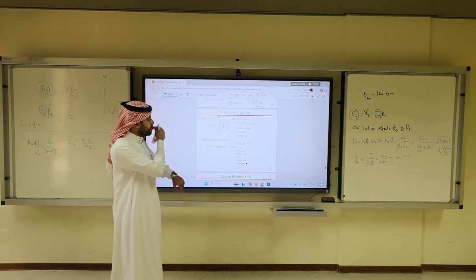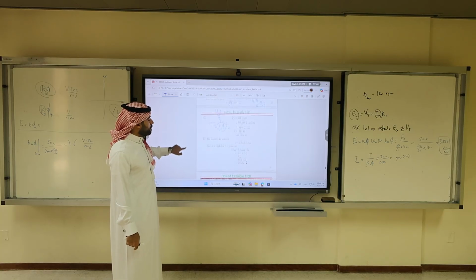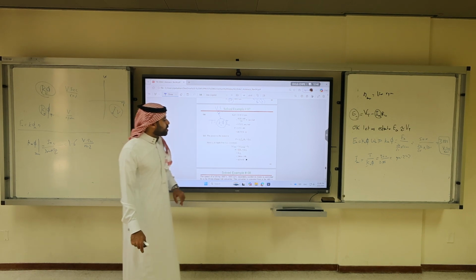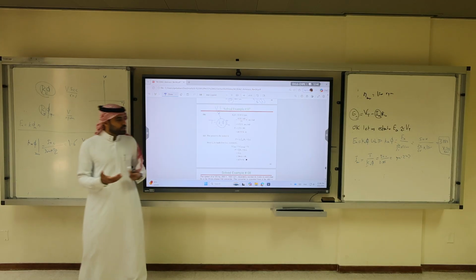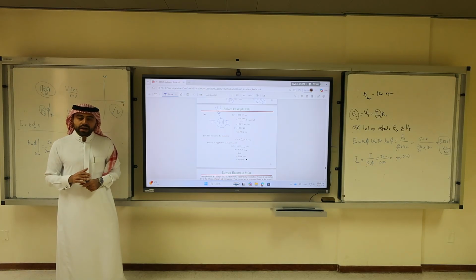The last question is to find the power of the motor. To find the power of the motor, it's I squared RA plus EA IA. So here we have I squared RA losses.